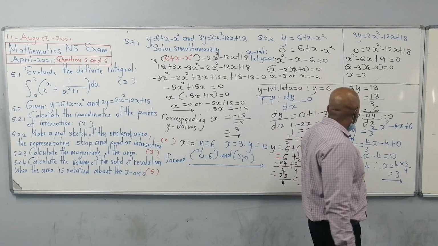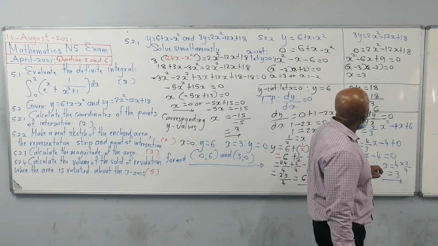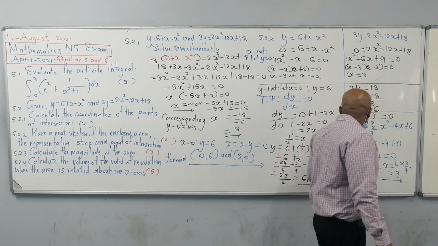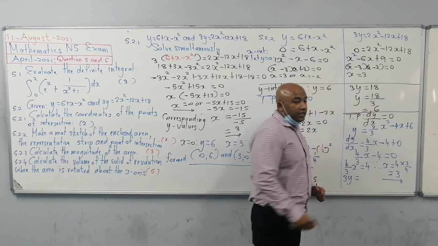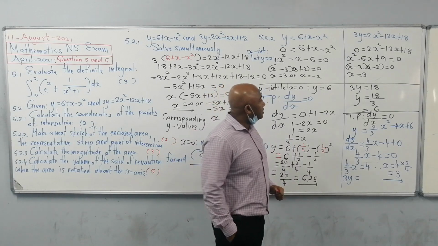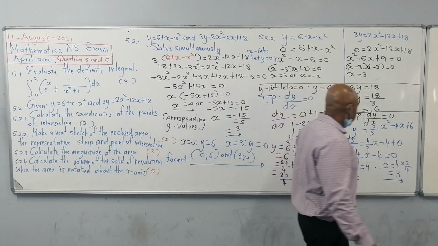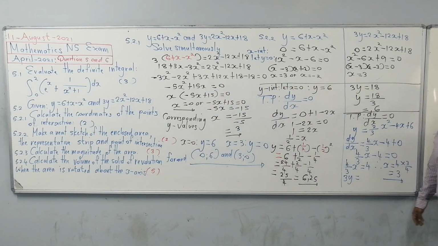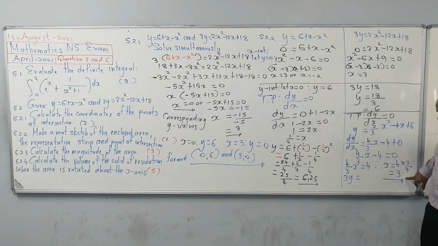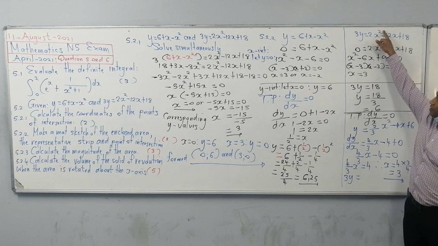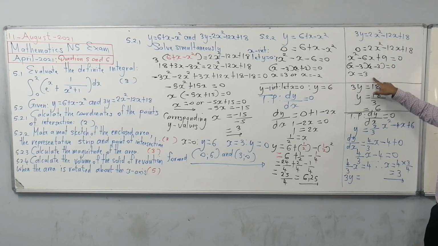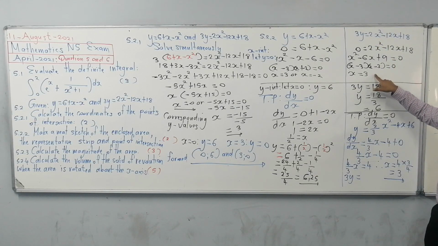I don't have space, but you can work that out. So when x is equal to 3, what do we get? 3y is equal to, if I substitute x equal to 3 onto the right-hand side, what do I get? 3 squared is 9. Oh, we did it here, isn't it? Yes, so it's here. So we're going to get 0, correct?